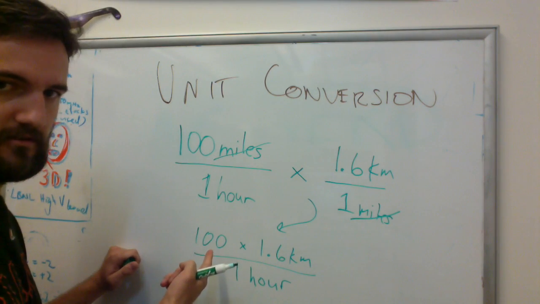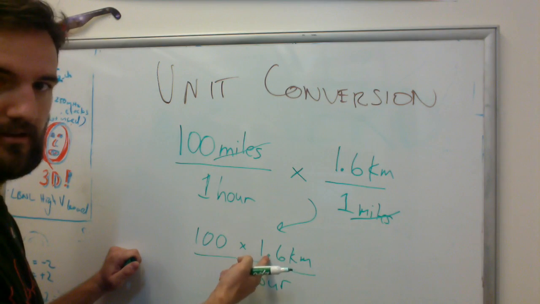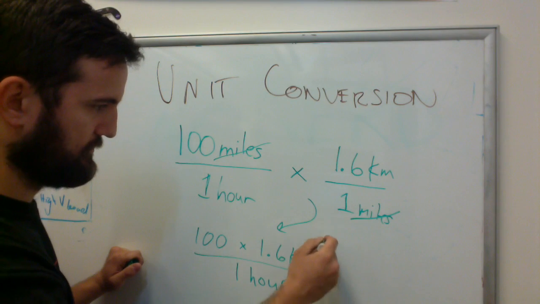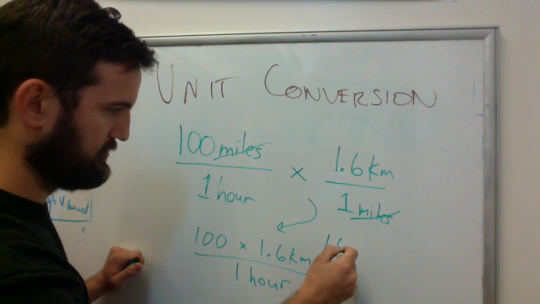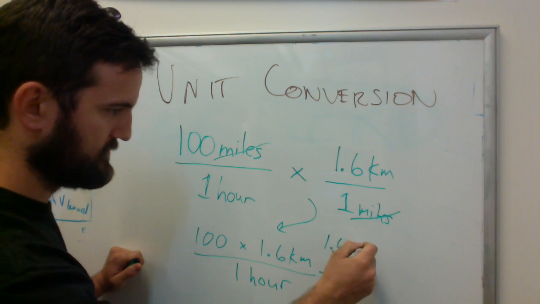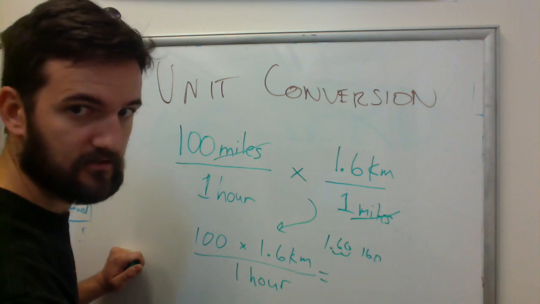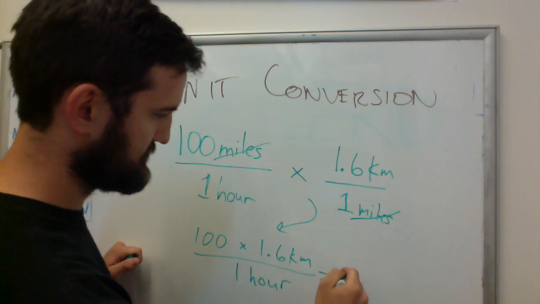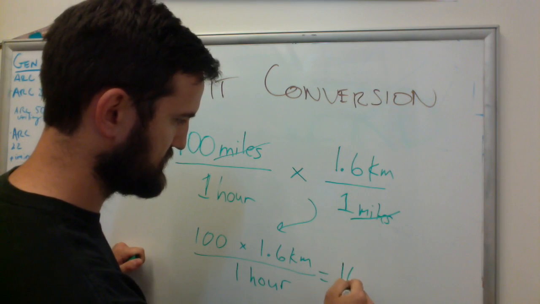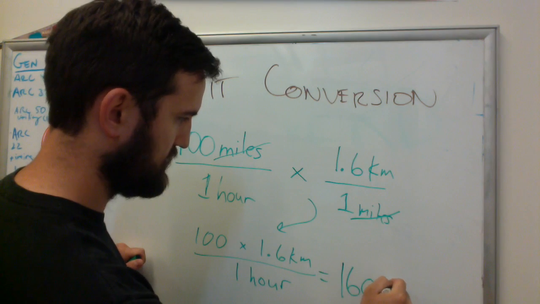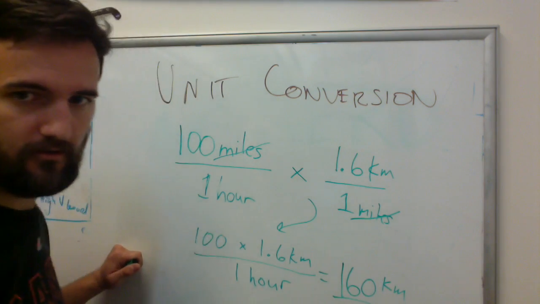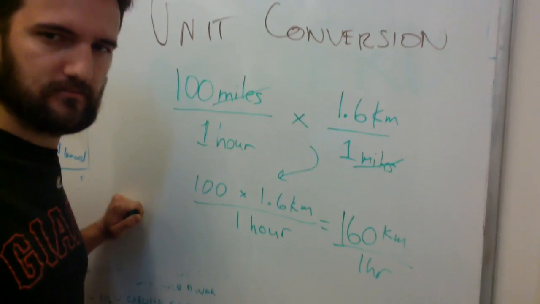So if you see 2 zeros there, you can easily take the decimal point and just move it over 2. So what I'm talking about there is 1.6, boop, boop, which is 160, if that makes sense. So 100 times 1.6 gives you 160 kilometers per hour. Oh, there you go.